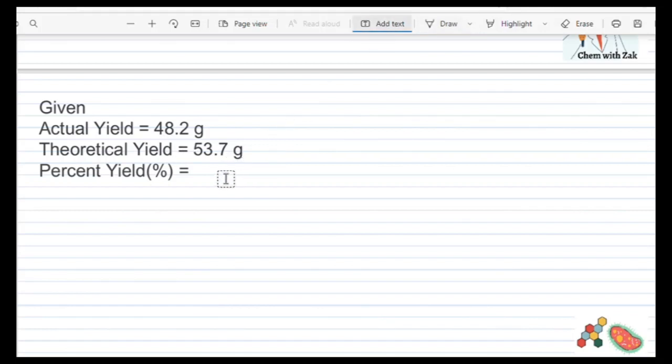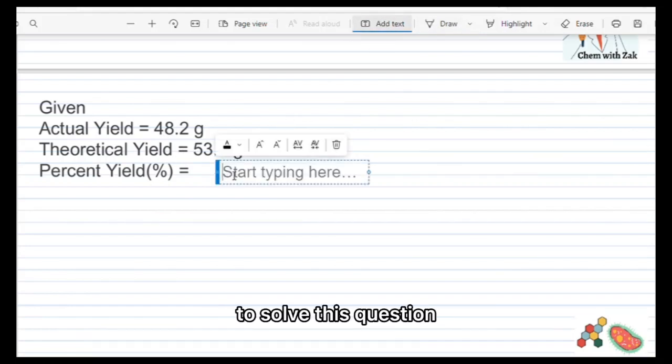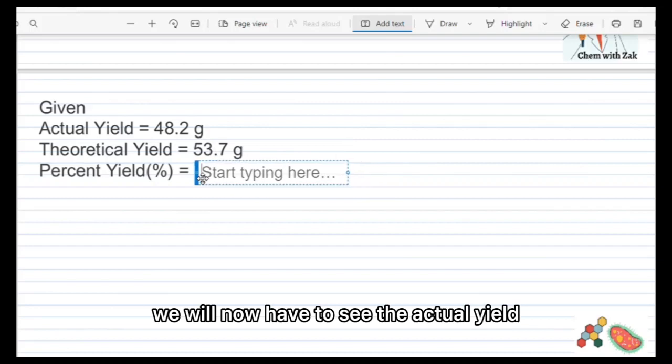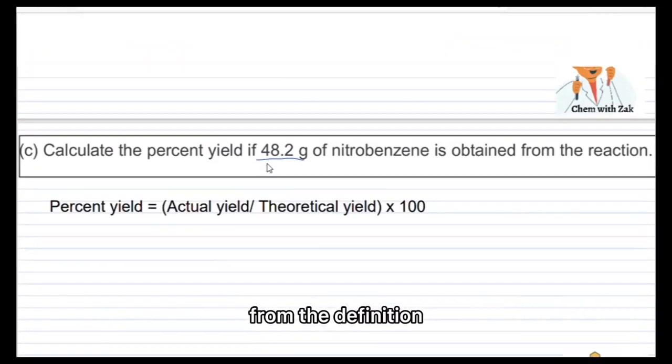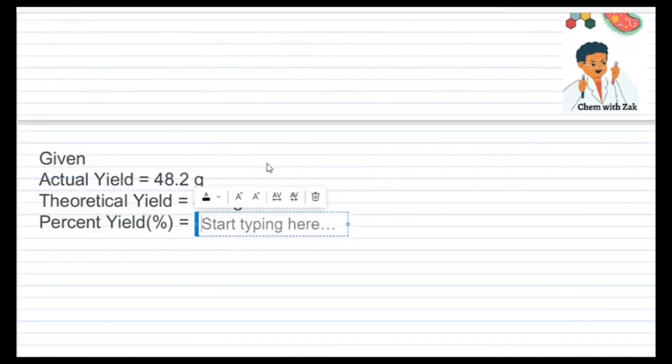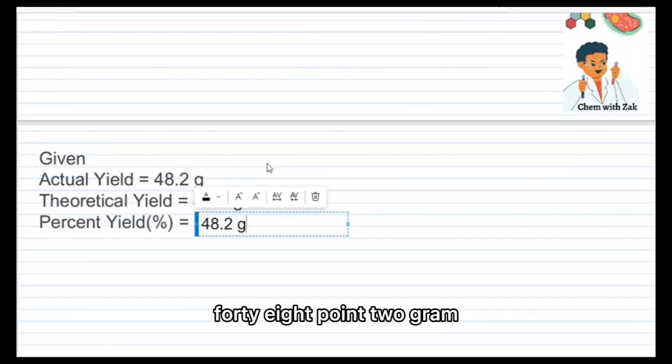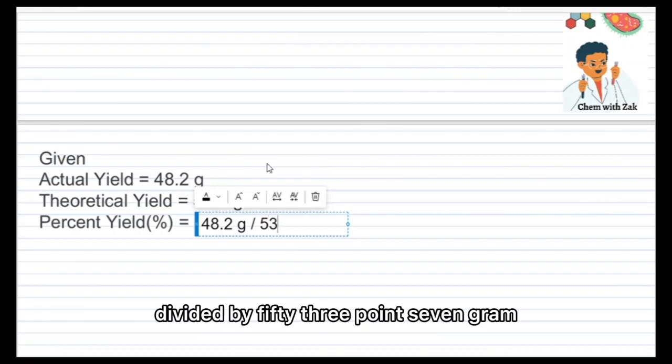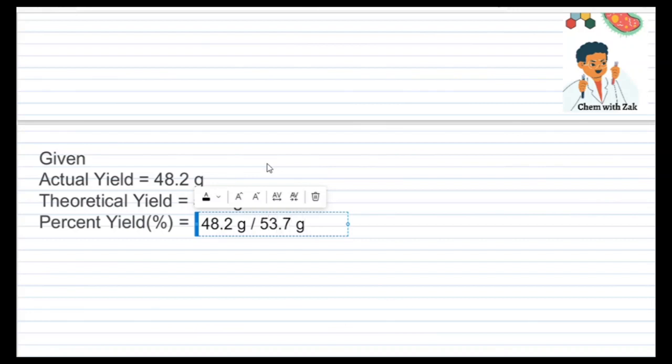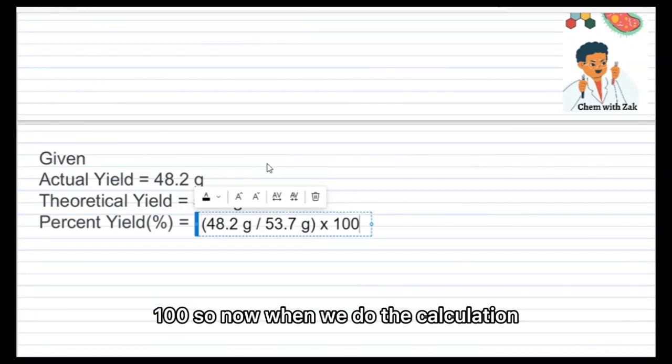To solve this question, we say the actual yield, 48.2 gram divided by 53.7 gram, open and close bracket, times 100.